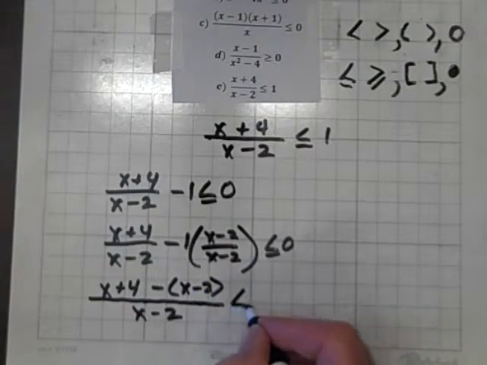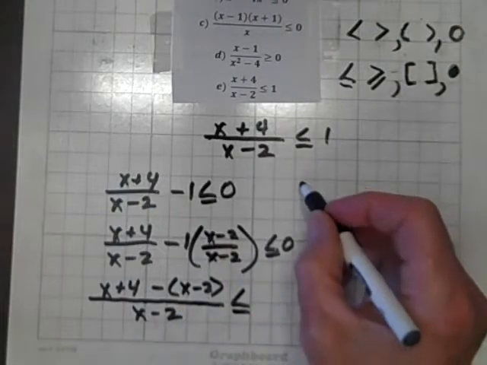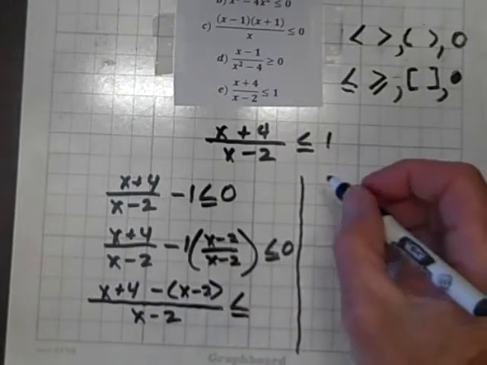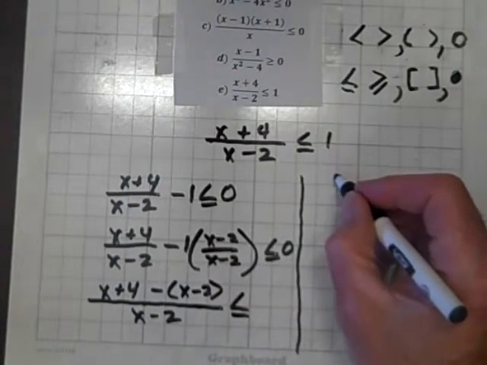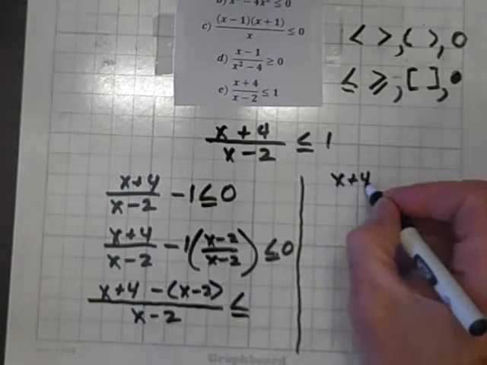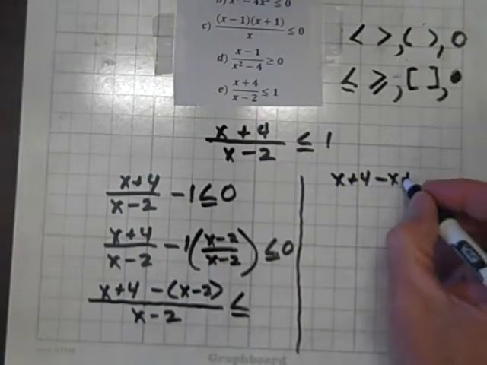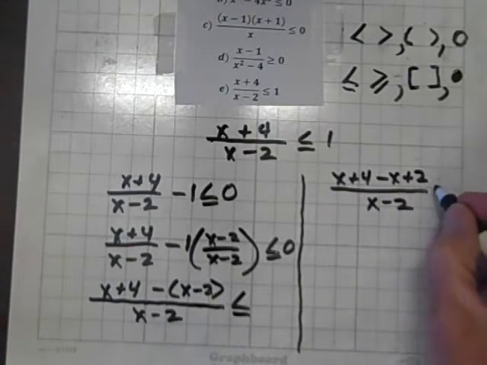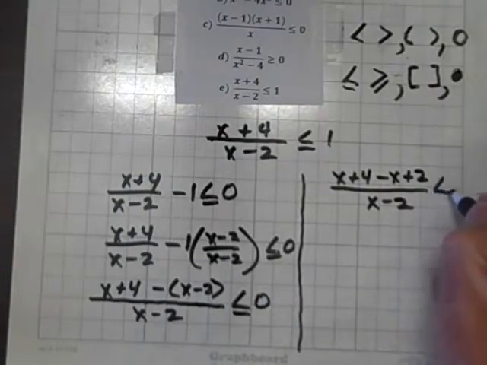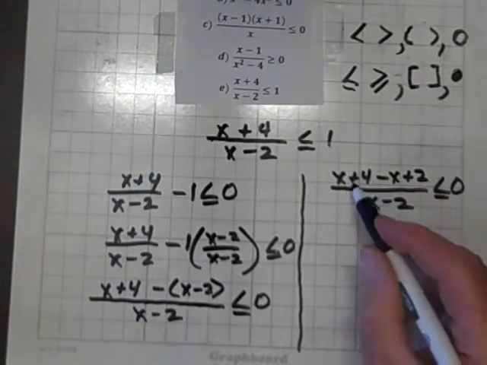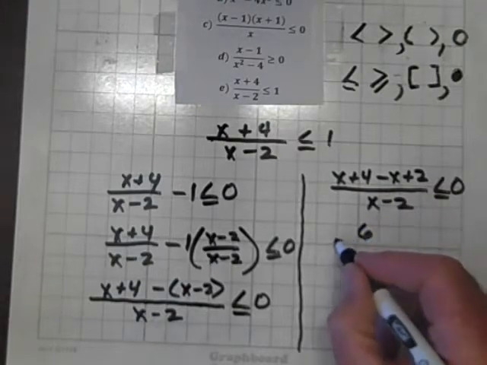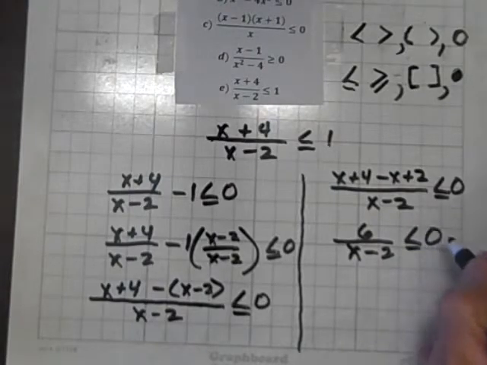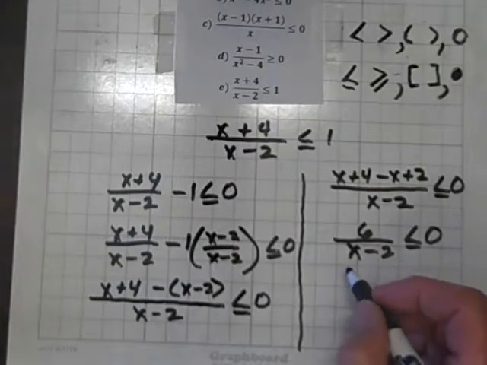Now it's very important you install these parentheses so you don't forget to distribute that negative sign appropriately. So we have in the numerator x plus 4 minus x plus 2 all over x minus 2, and that's, oh boy, less than or equal to 0. Now the x's add out and we wind up with 6 over x minus 2, which is less than or equal to 0.